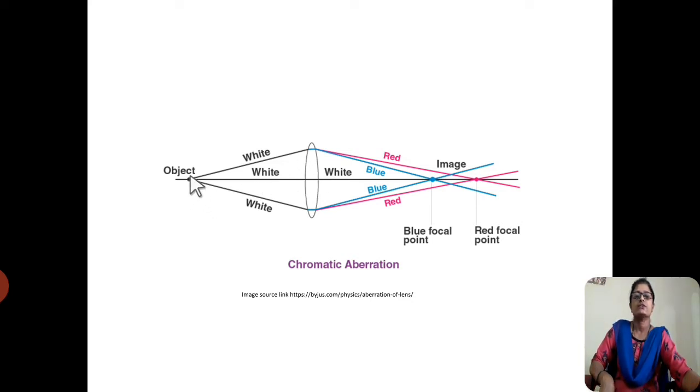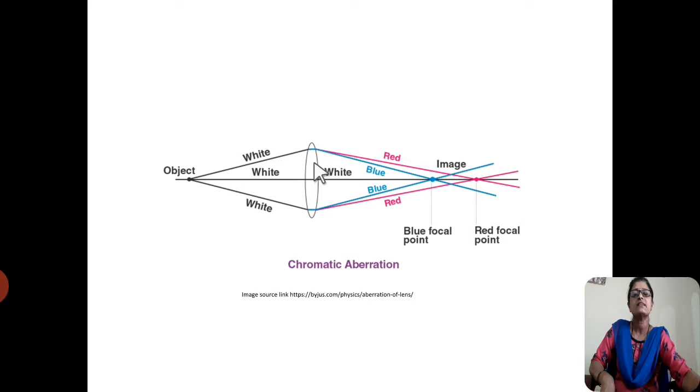See, this is the object and this is the lens. When the object is illuminated with white light and the light passes through this lens, if the lens has no defects, all colors will meet at this point only. But in this case, what will happen?